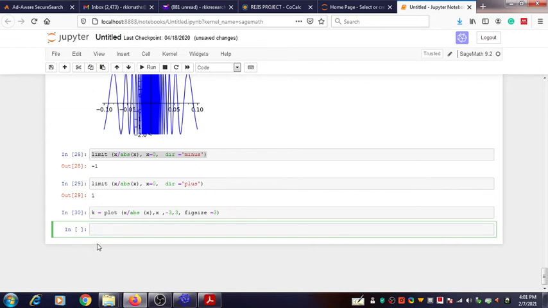By taking the output, for getting the figure we need to wait some time. In all cases, why is it not coming? Okay, we have to wait.